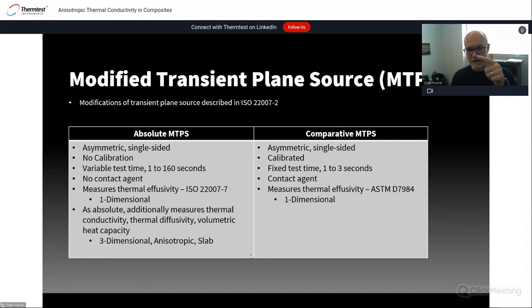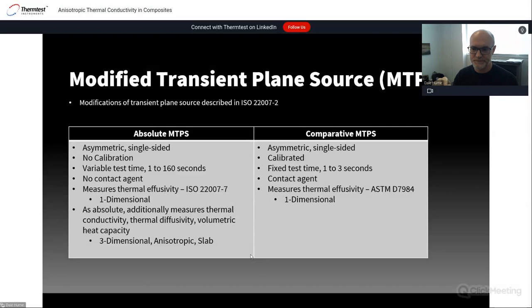So two directions, axial and radial, for thermal conductivity, thermal diffusivity. Slab, which is conductive sheets. So that'd be a thin material that you isolate through the thickness and look at the heat propagation in plane. So you can measure all of those asymmetrically, all because we've got the technology and the ability to configure that sensor permanently. And we have the math to support the use of that across all the variations of the traditional modules.